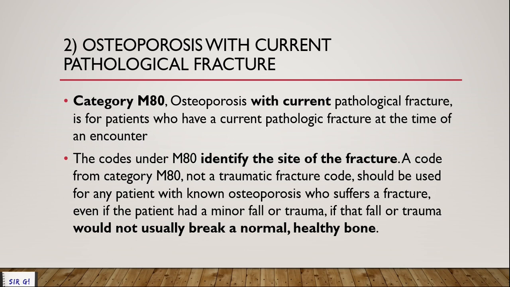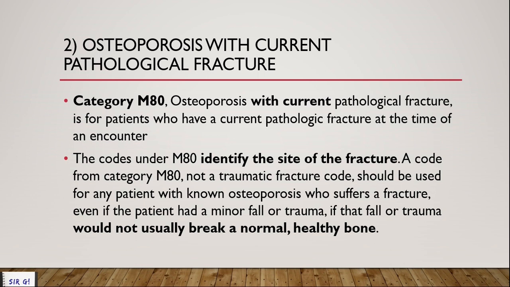The site of the fracture is important in order to specify the actual anatomical location. A code from category M80, not a traumatic fracture code, should be used for any patient with known osteoporosis, even if they suffer a fracture.